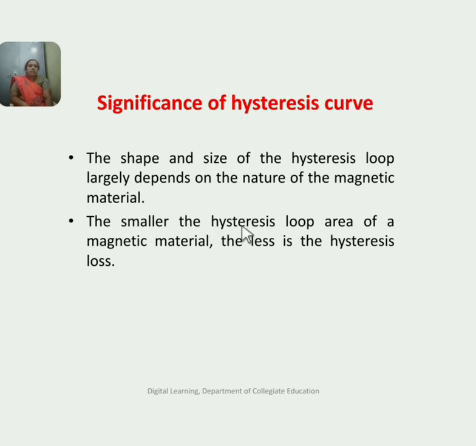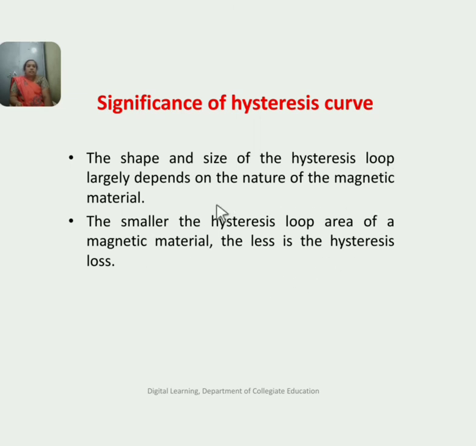Next is the significance of the hysteresis curve. The shape and size of the hysteresis loop depend upon the nature of the magnetic material. The choice of a magnetic material required for a particular application often depends upon the shape and size of the hysteresis loop.